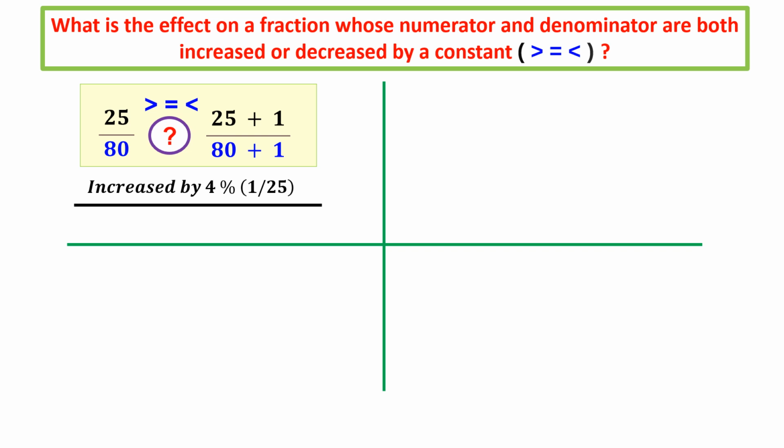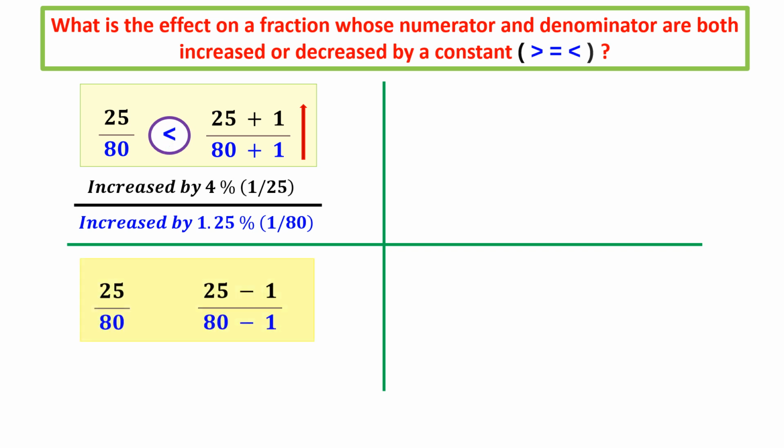We see that the numerator has been increased by 1 over 25, which is 4%, and the denominator has been increased by 1.25%. So the fraction has become larger.